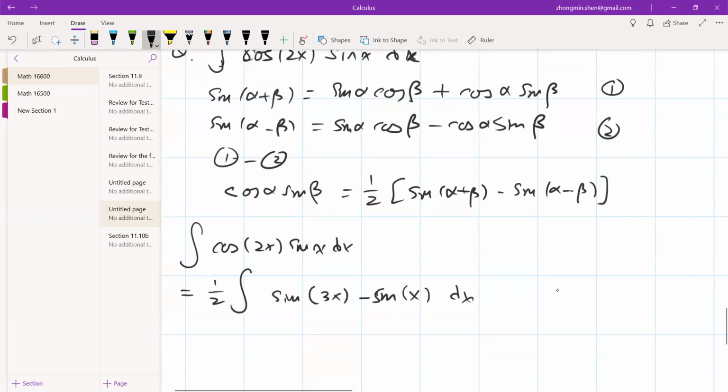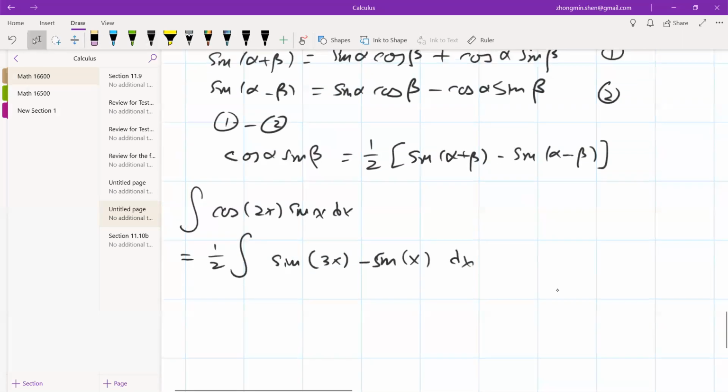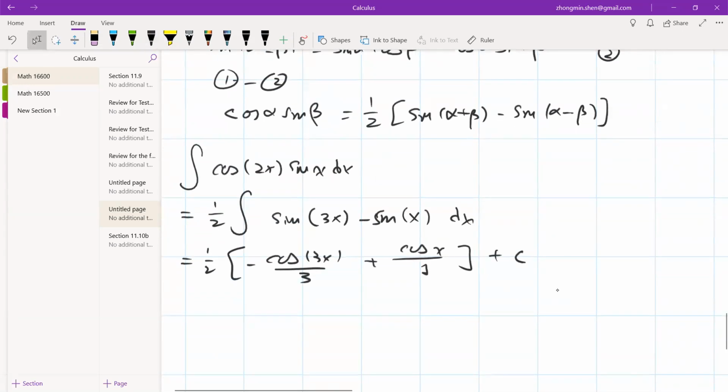Those are single functions, right? Then you find the antiderivative of each of them. The antiderivative of sine will be negative cosine, so negative cosine 3x, but don't forget divided by 3. And here's a negative, so they're going to become positive: cosine x divided by 1. And then plus constant. Cool. So this is the answer.